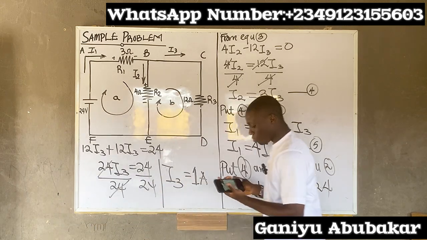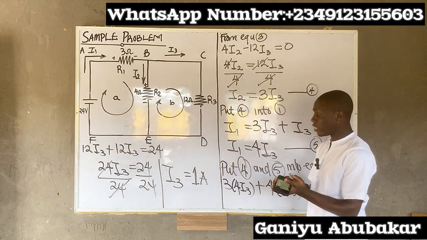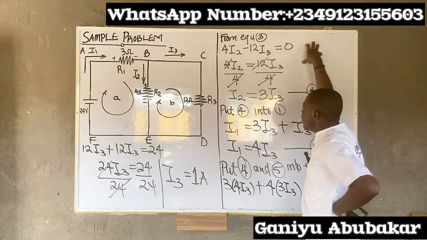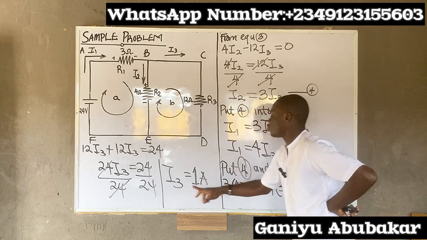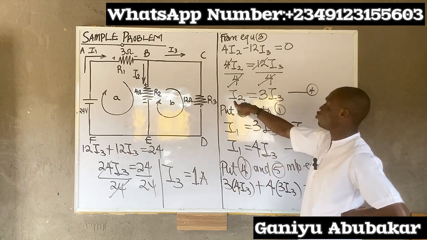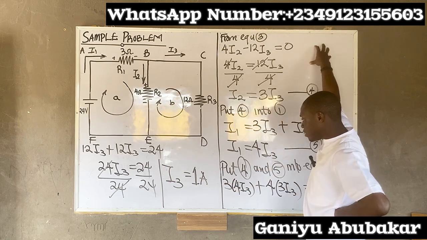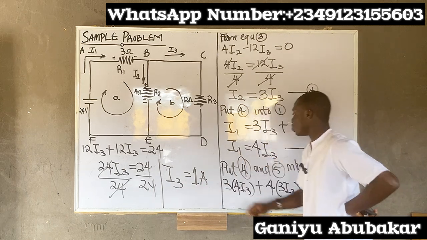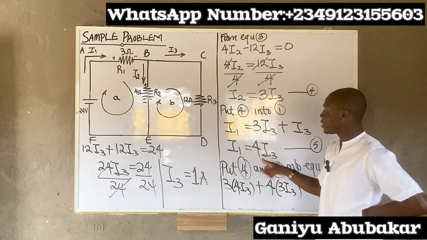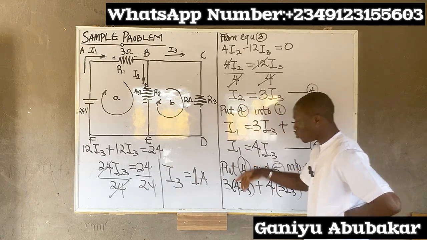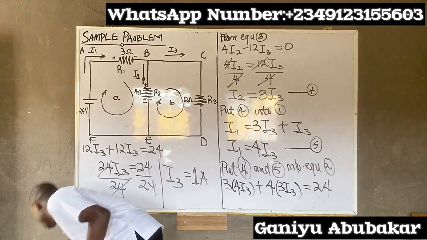I3 is done. Let's get I2 and I1. But observe, if I got I3 as 1, it means that if I put I3 as 1 here, I can get I2, and I1 too. So let's get I1 and I2. I3 is 1.